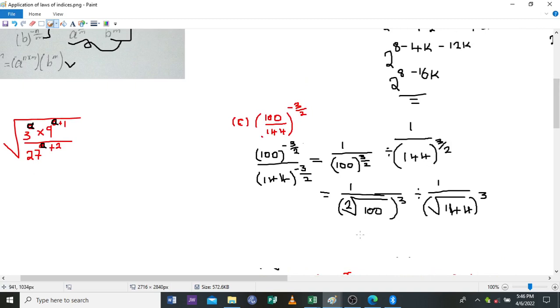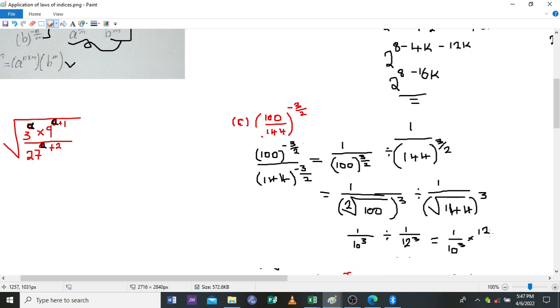Now from here we can simplify this. So this means we have the square root of 100, that's 10, raised to the power 3. Divide this now by 1 over 12, the square root of 144, that's 12, raised to the power 3. Now this can mean we have 1 over 10 raised to the power 3, multiply this by 12.